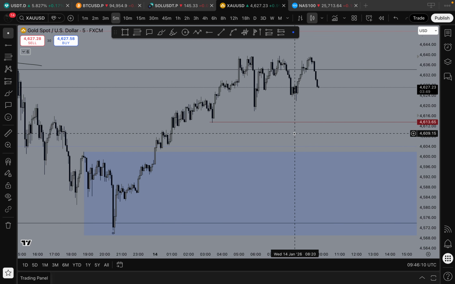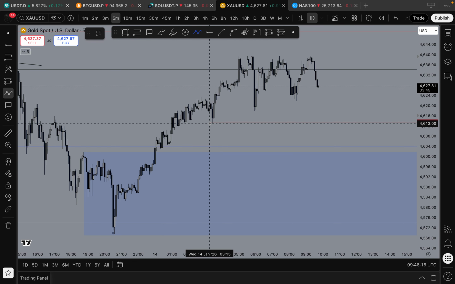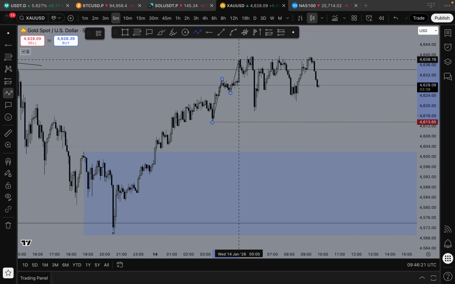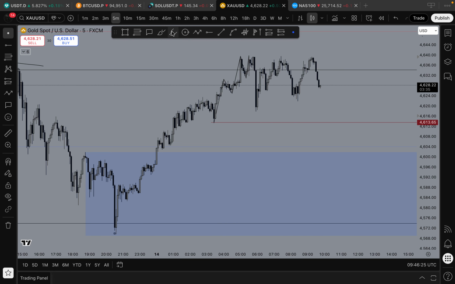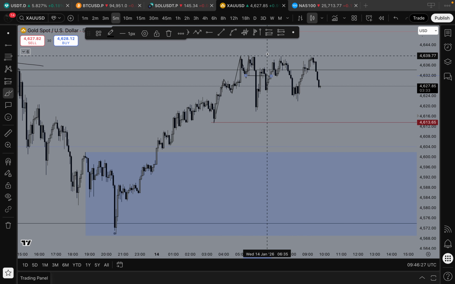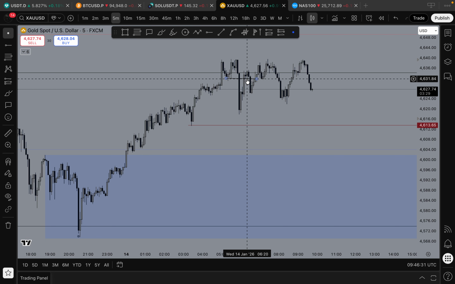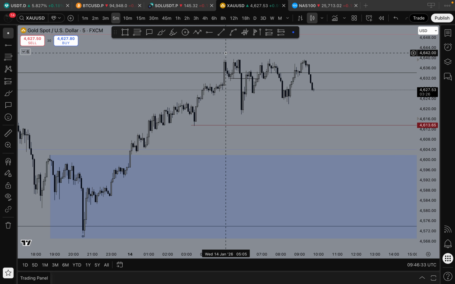Do we have 5-minute structure? Then we can just look from this low. Do we have structure up towards that high? Yes, we do. We have here high, higher low, higher high, higher low, higher high. And then here we can see that this broke structure on the 5-minute already, which is right here.